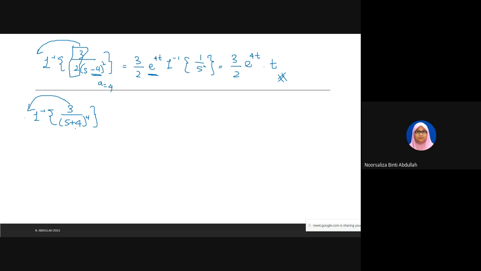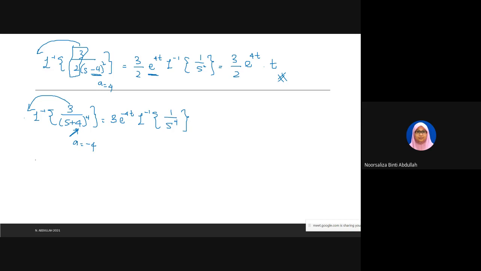Because we are using the first shift theorem, this will be your A. In this case, your A is minus 4. So 3 exponent minus 4t, and then you just have the inverse of 1 over S to the power of 4.